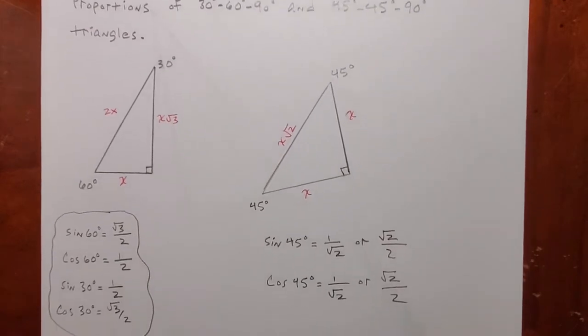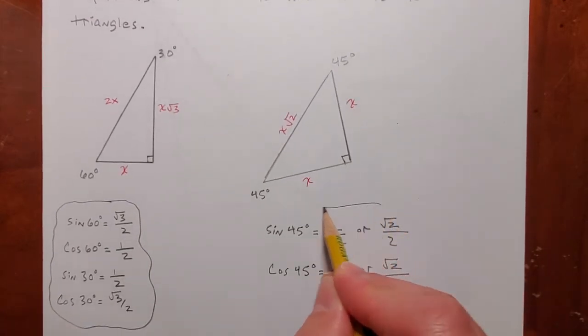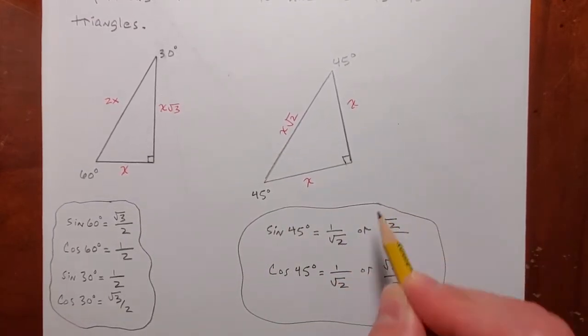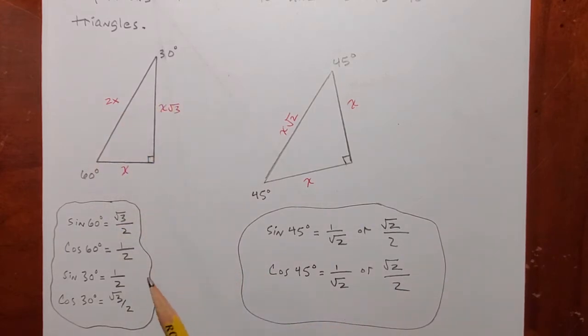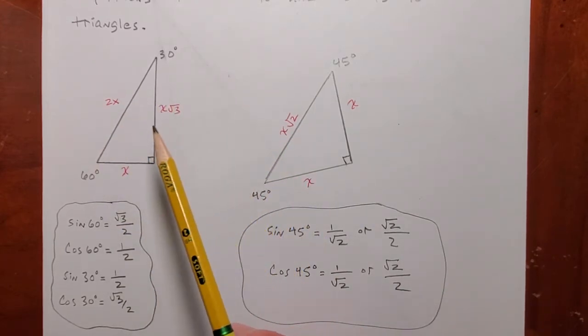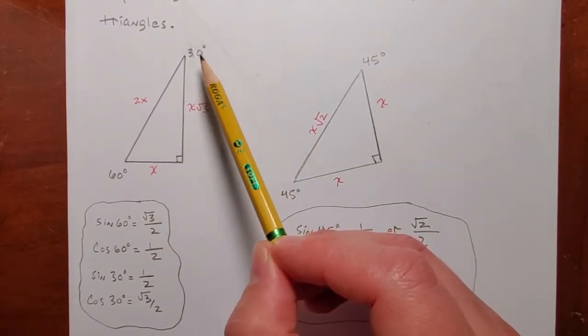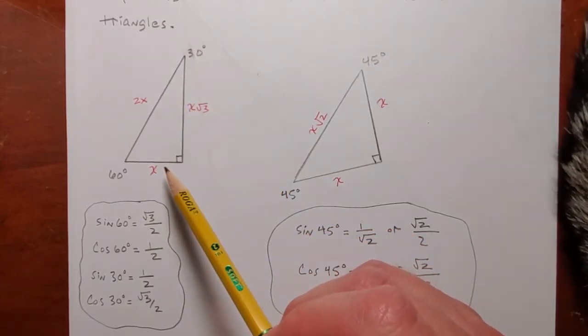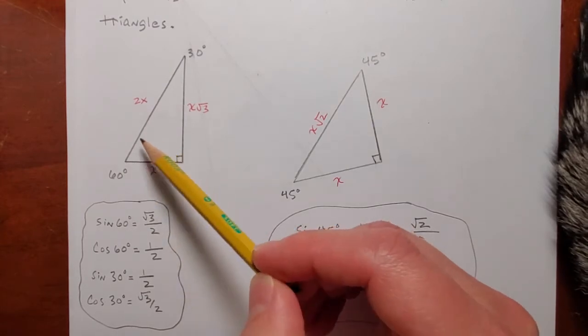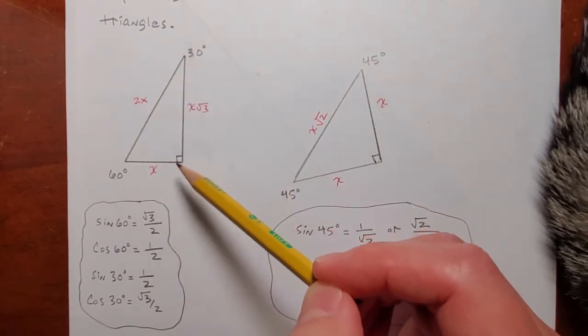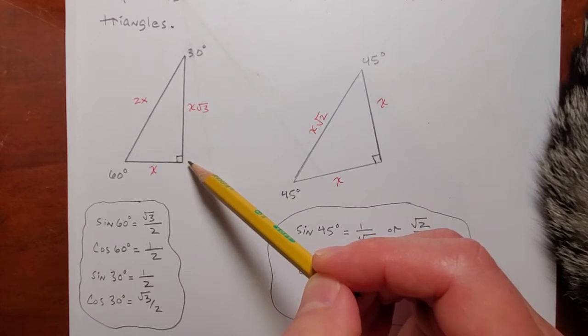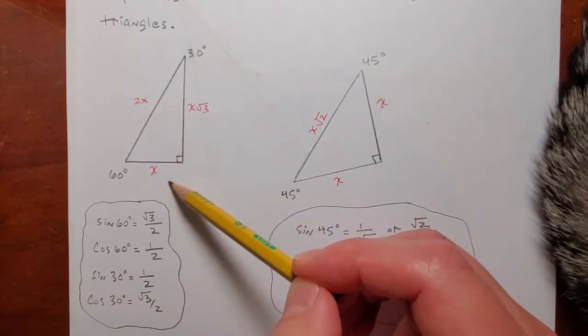So these are the proportions that those triangles have. Like, every 30, 60, 90 triangle in the world has its shortest side across from the shortest angle. So let's say x, all right, x is the shortest side. The longest side is across from the 90-degree angle. It's twice the shortest side.